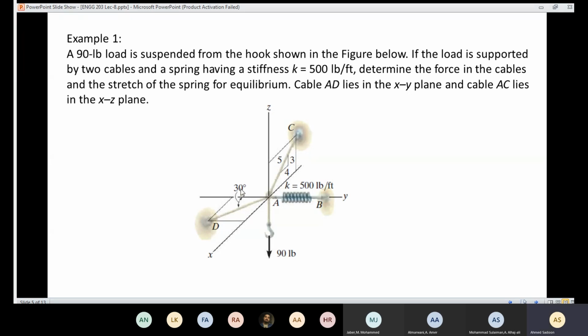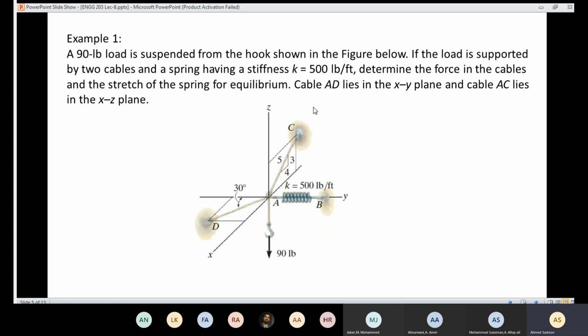That means I can easily resolve the force AD into X and Y. He also said that the cable AC lies in the XZ plane. It means I don't have any component in the Y axis, which also facilitates the problem, because I'm going to decompose the force in cable AC only into X and Z.